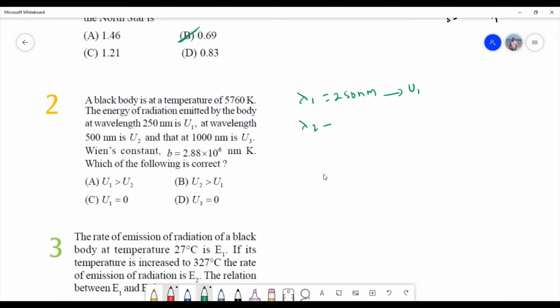When the wavelength is 500 nanometer, the energy is U2. Similarly, when the wavelength is 1000 nanometer, the energy emitted is U3. We know Wien's constant as 2.88 times 10 to the power 6 nanometer Kelvin. Which of the following is correct is asked.